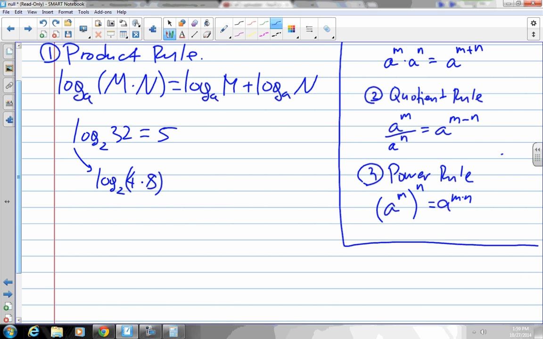I want to see if we're going to be consistent. This rule suggests that this is the same as log base 2 of 4 plus log base 2 of 8, right? The product turns into a sum. Well, what is log base 2 of 4? 2. And what is log base 2 of 8? 3, and 2 plus 3, 5. That's not a proof, but hey.